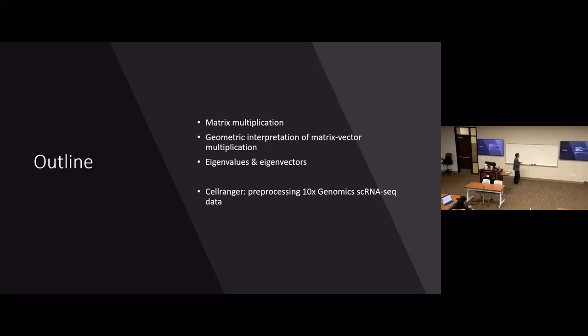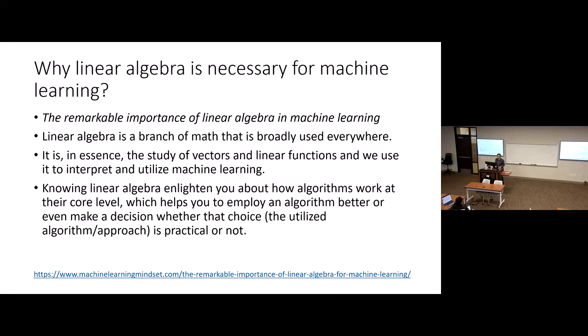And then once you have this concept in your mind, you will get some idea about what the eigenvalue and eigenvector are. It's very important. I'm glad that you didn't miss this class because, as I said last lecture, linear algebra is so important, essential for machine learning.